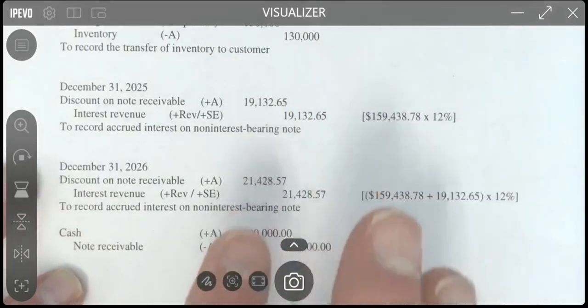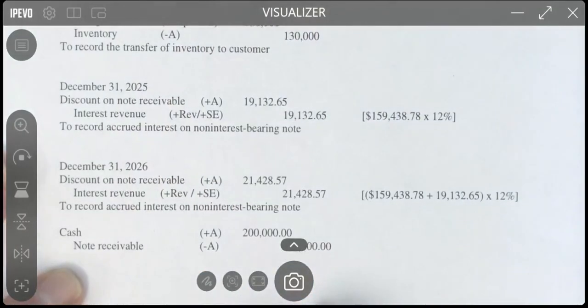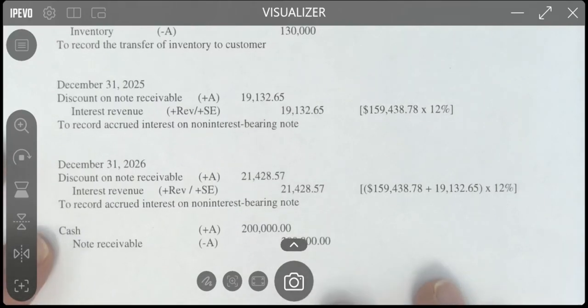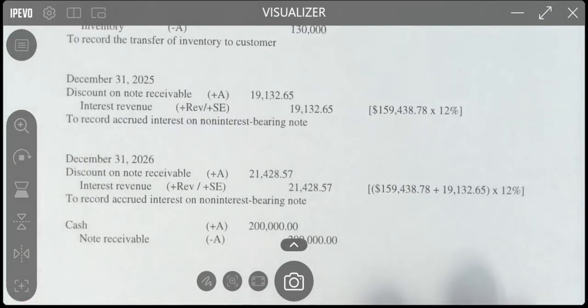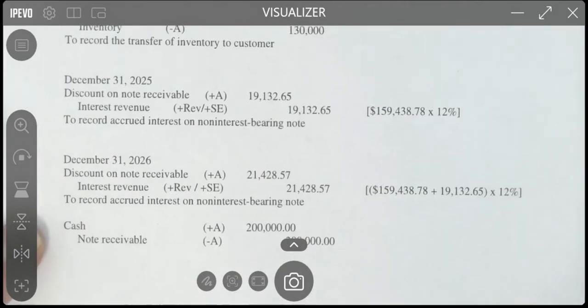So again, just a preview here. You'll see this in your next course, and this will all be very common knowledge and a valuable skill ongoing. It's called the effective rate of interest method. All right, so you'll stay tuned for that in your next course.